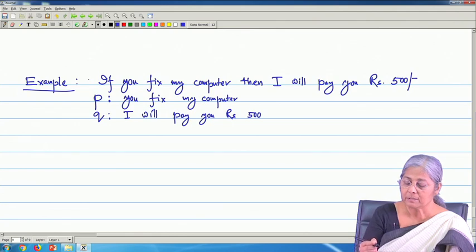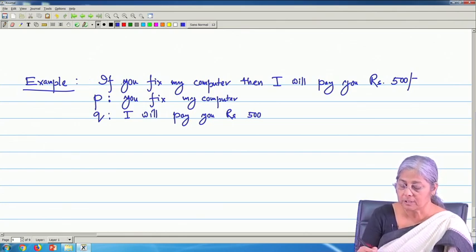So, this example statement tells that P implies Q.